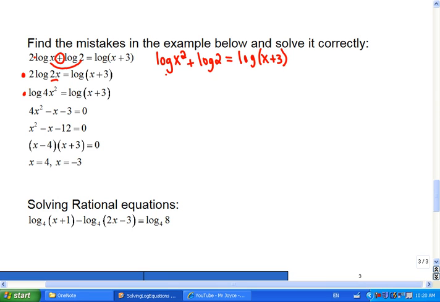And now we can combine them using the log laws. And at this point, this is set up now so that we can drop the logs from both sides. And we can start factoring.